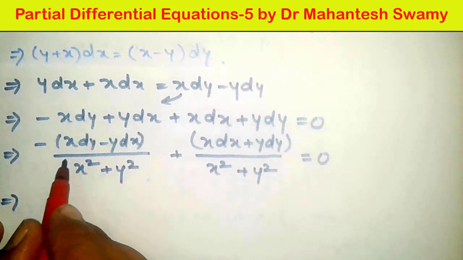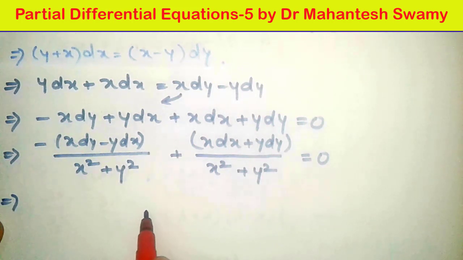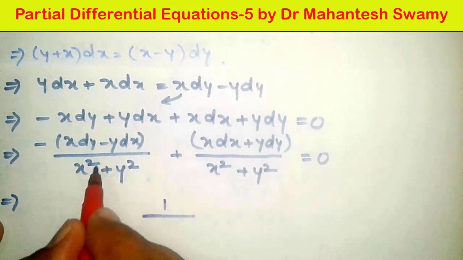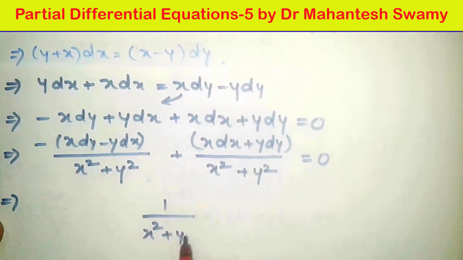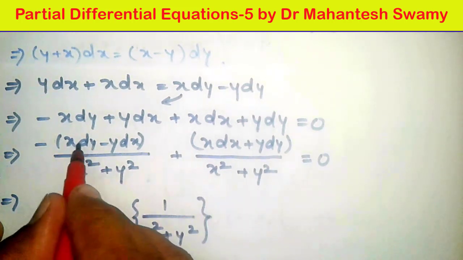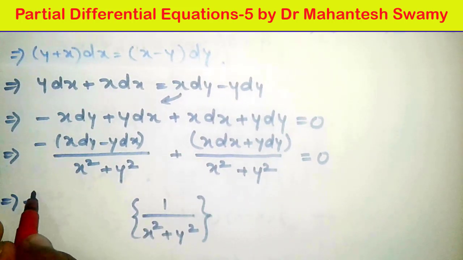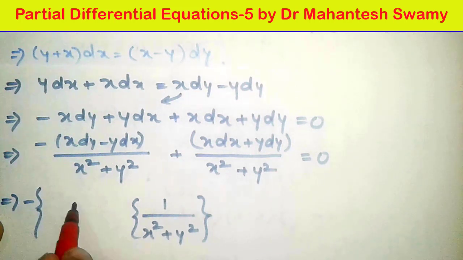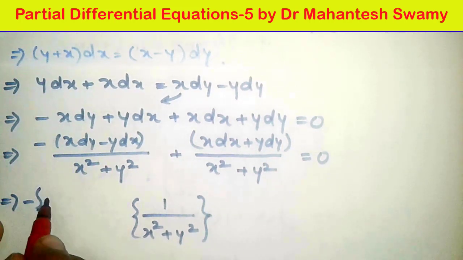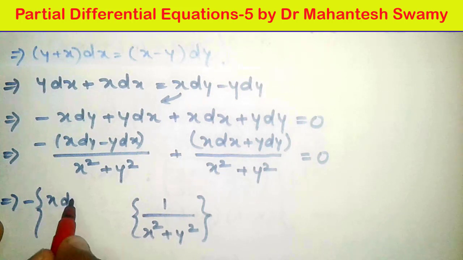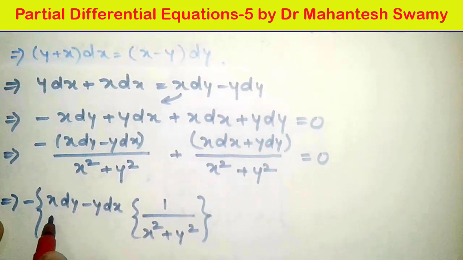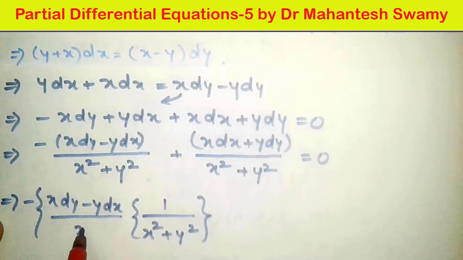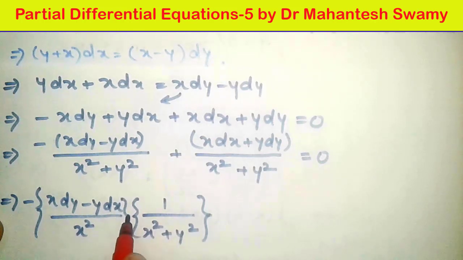Now this 1 divided by, I am writing over here x square plus y square as it is here. The remaining thing is just like the quotient rule, that is keeping the denominator as it is, differentiation of the numerator, minus numerator as it is, differentiation of the denominator, divided by the denominator square, that is x square.